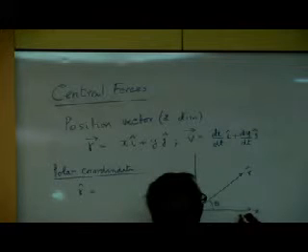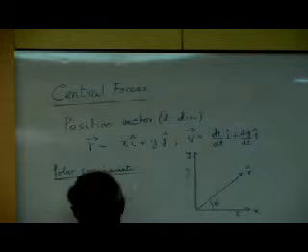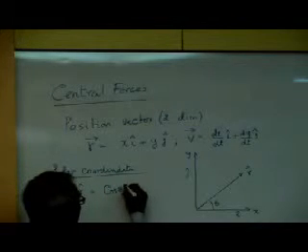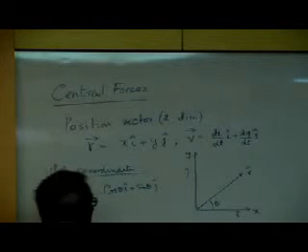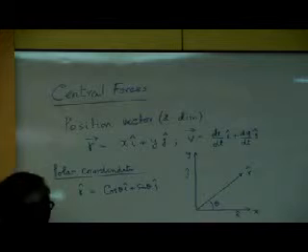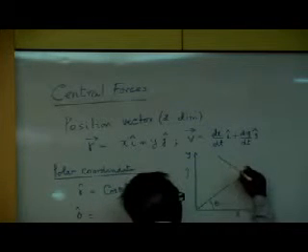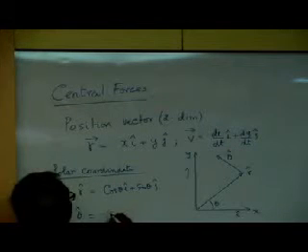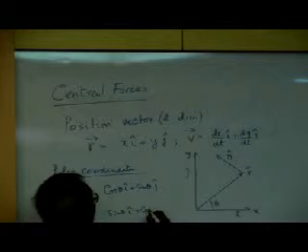This is x i cap plus y j cap. r cap is cos theta i plus sin theta j, and theta cap is a vector in that direction, is minus sin theta i plus cos theta j.